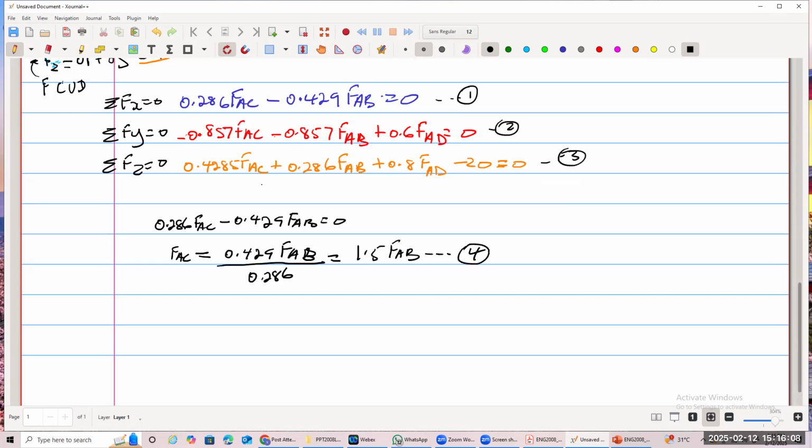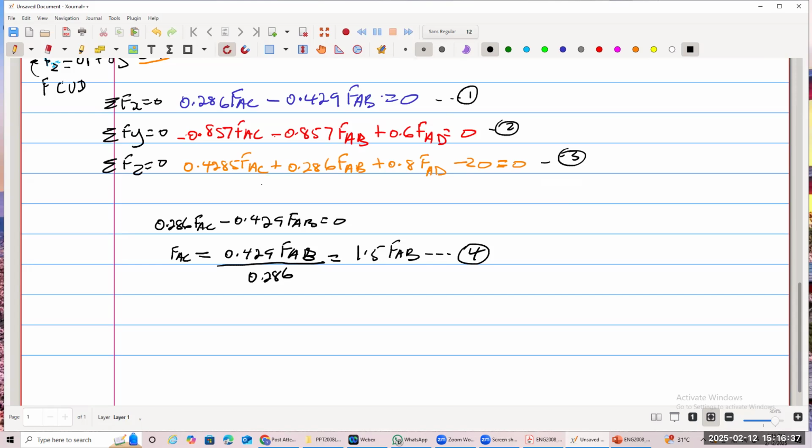What's the next step here, so now? I'm waiting. What's the next step, guys? Oh, so you plug that into equation. So what you do, you're going to substitute this value into both equation 2 and equation 3 to get 2 equations.